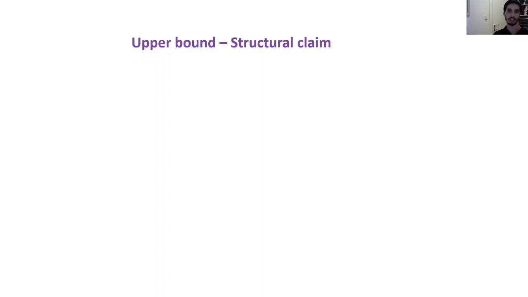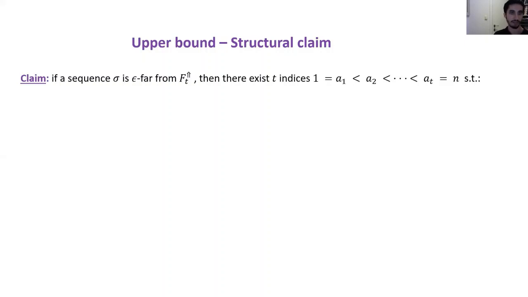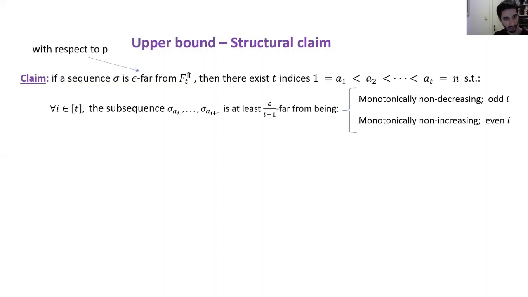The following structural claim plays a central role in our upper bound analysis. If a sequence sigma is epsilon far from F_t up, then there exist t indices, a1, a2, up to at, starting with 1 and ending with n, such that for every index i, the consecutive subsequence from sigma ai to sigma ai plus 1 is at least epsilon over t minus 1 far from being monotonically non-decreasing if i is odd, and far from being monotonically non-increasing if i is even.